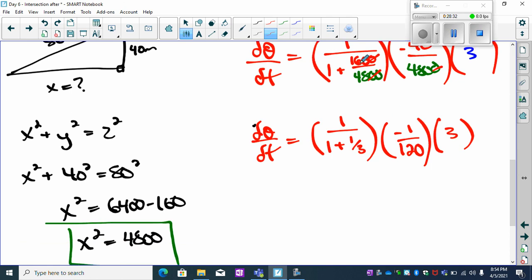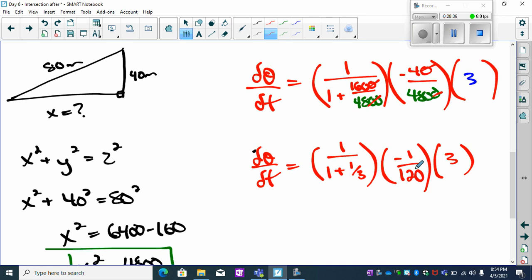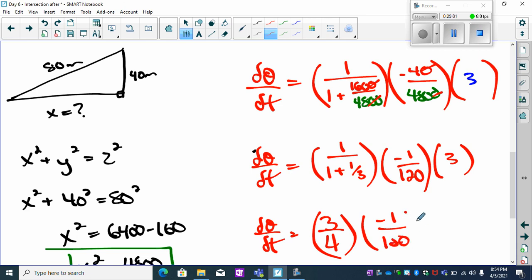So 16 over 48 is 1/3. 4 over 480 is 1 over 120. That's a 3. So this becomes the following. 1 divided by, well, that's 3/3 plus 1/3, that's 4/3. 1 divided by 4/3 is 3/4. This is negative 1 over 120, and this is 3.